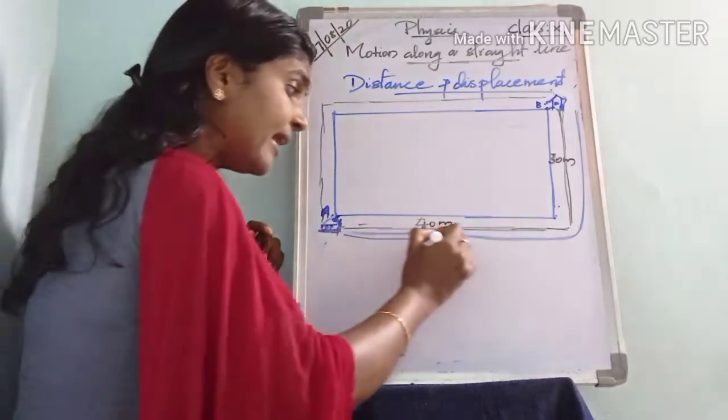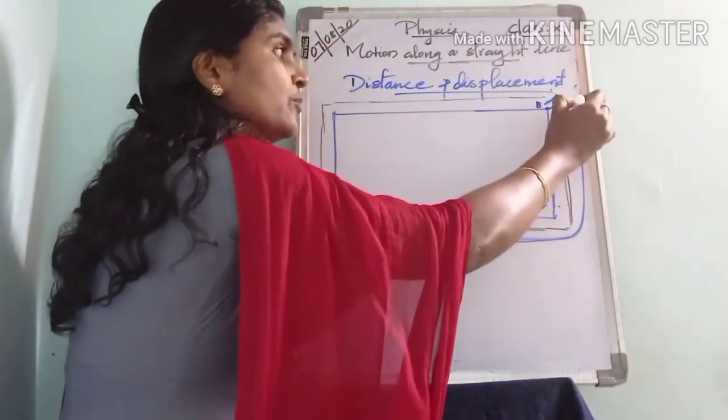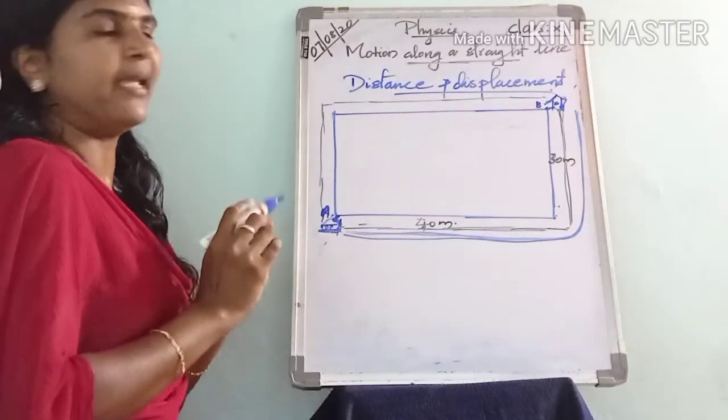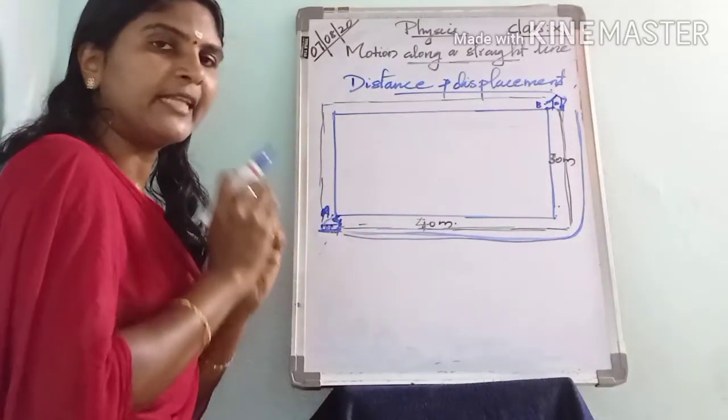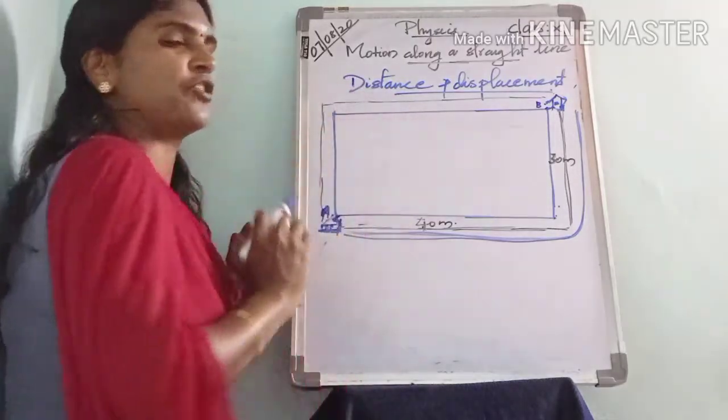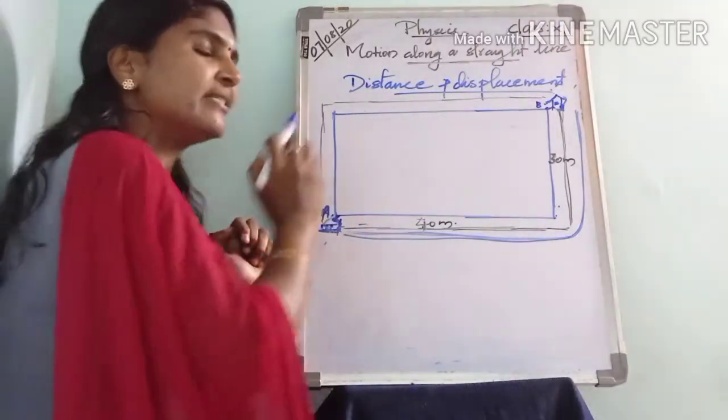This path length covered by you is called distance. Then what is distance? The total path length covered by an object during its motion is called distance.